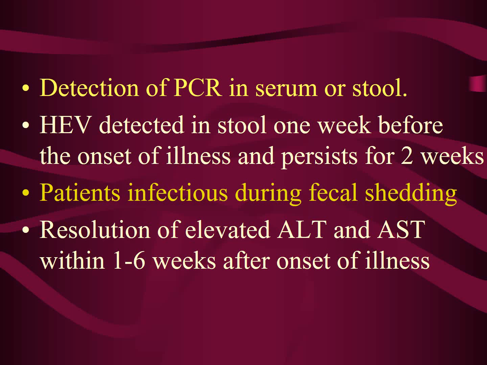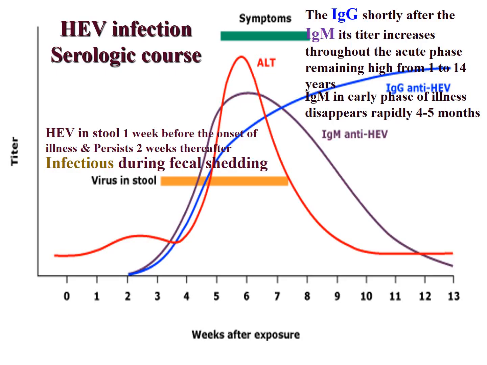Resolution of ALT and AST occurs within 1 to 6 weeks after the onset of the disease. As we know now, this graph denotes the incubation period.